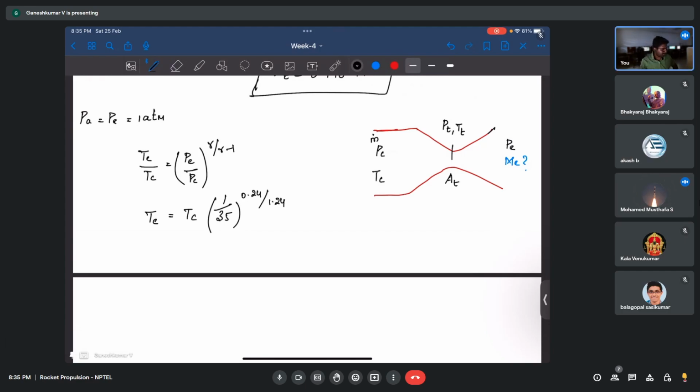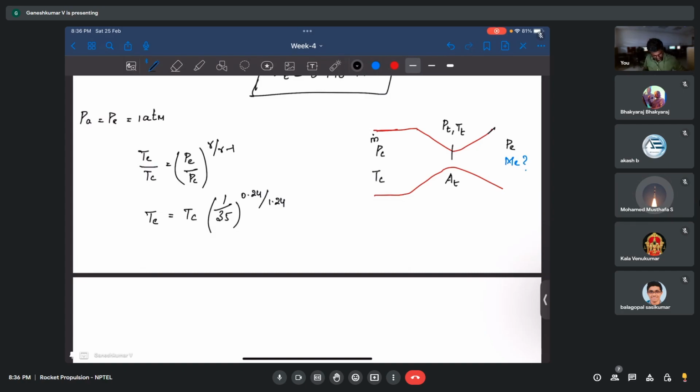So basically, to avoid confusion, what we will do is we will look at how this relation came. Basically, I also don't know. What is the relation for adiabatic expansion? P by T power gamma equal to constant, right? Yes, sir.